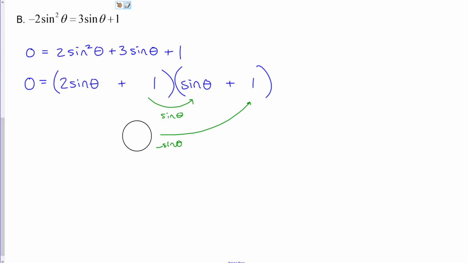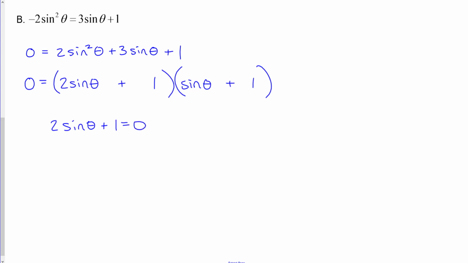Now, let's continue solving here. So now that we have it factored, I'm going to set each factor equal to 0. So essentially, I just get two problems that are linear at this point, and I just have to solve each one separately. So 2 sine theta equals -1, or sine theta equals -1/2.